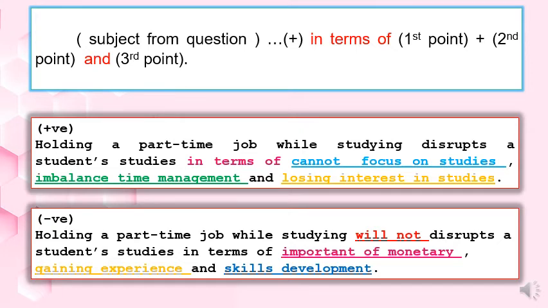Remember, if you did not agree with the statement or with the topic, the magic word will be will not. But if you agree with the statement, you just go through the subject from the question. Alright, so if you are doing this, this is what we call an effective and complete thesis statement.